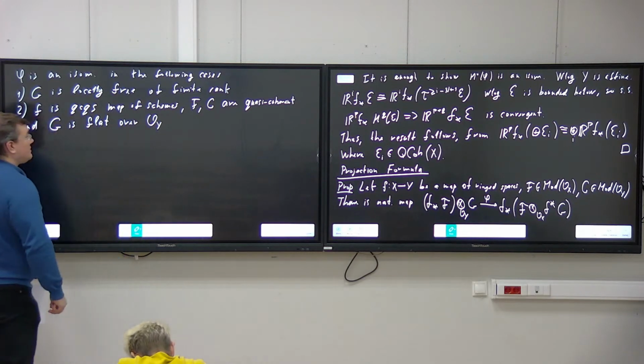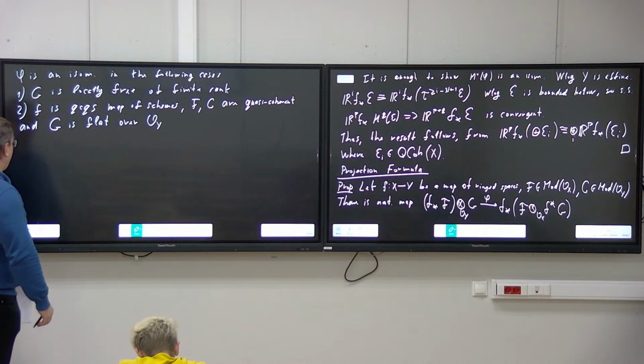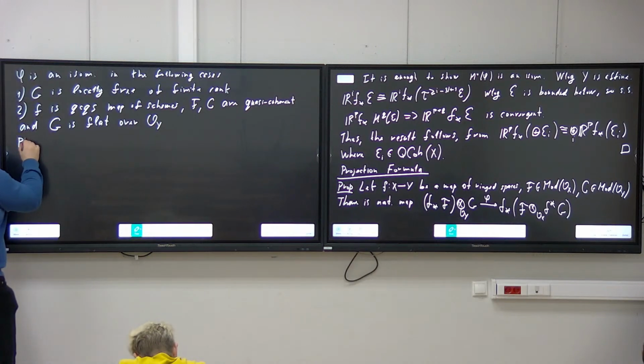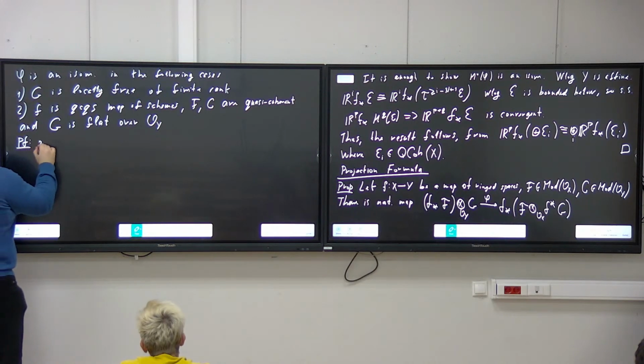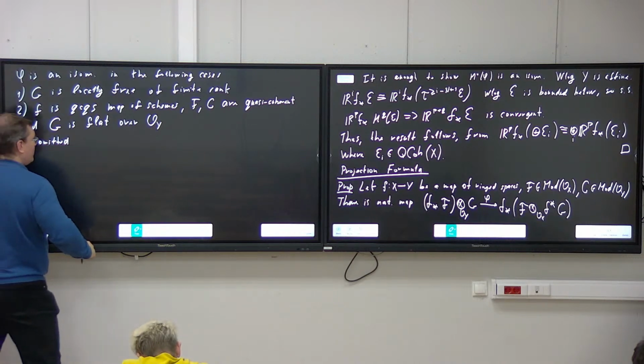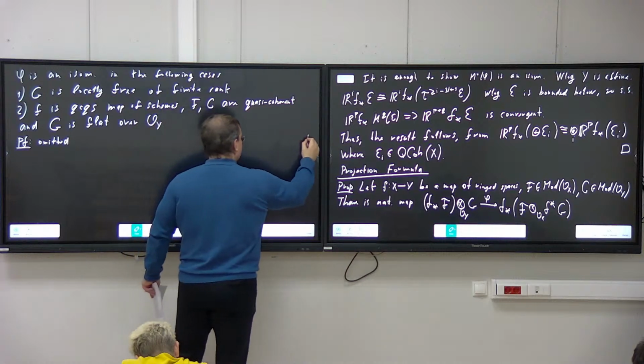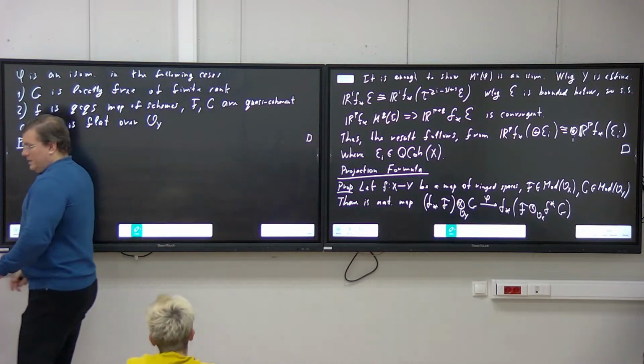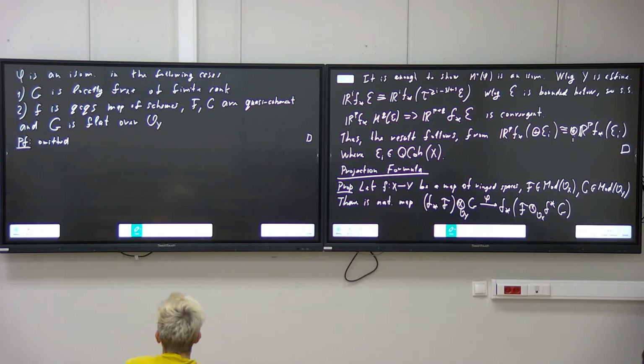So then in this case, this is another isomorphism. I'm not doing this proof. I assume that we know this from algebraic geometry.